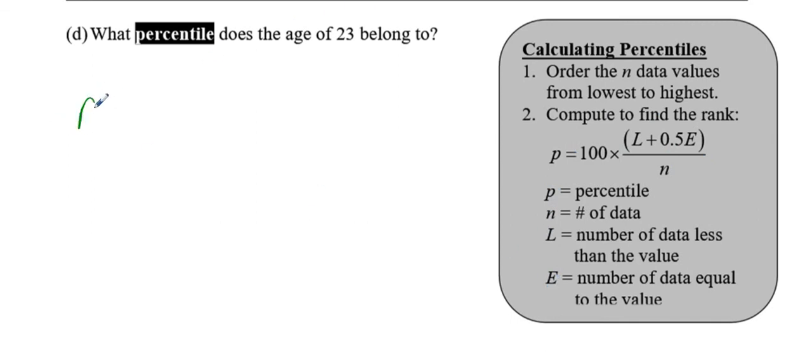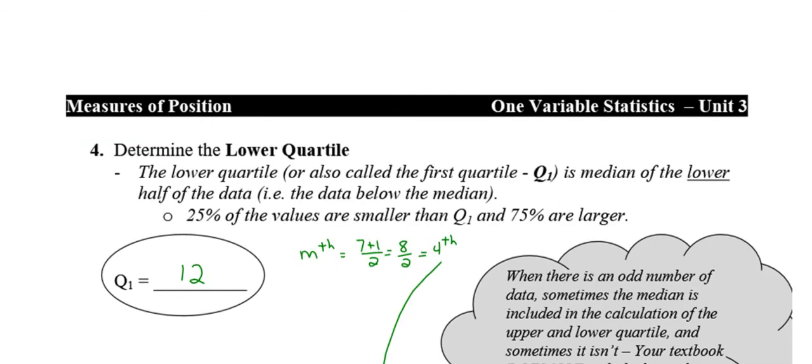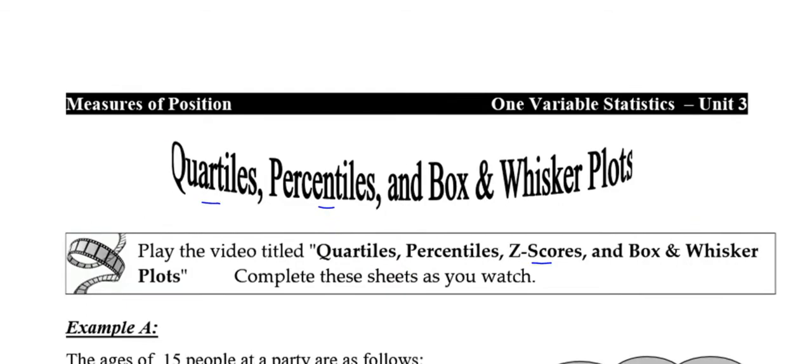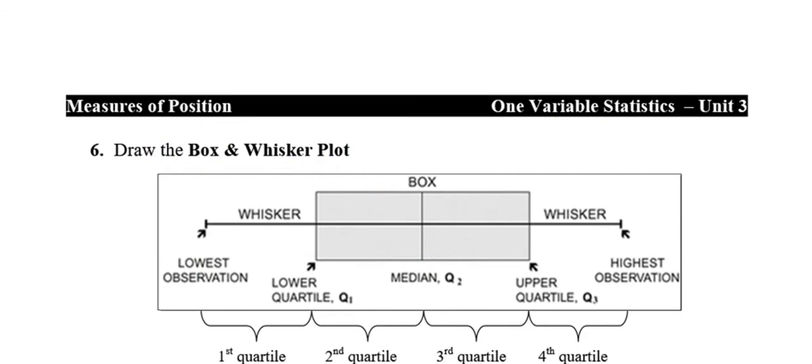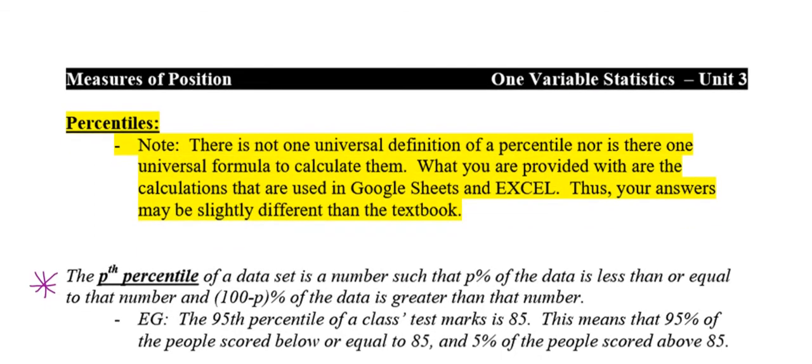So the percentile is equal to 100 times L, which is the number of data that is less than the value. So less than 23, if we take a look at our data, there's 1, 2, 3, 4, 5, 6, 7 pieces of data that are less than 23.